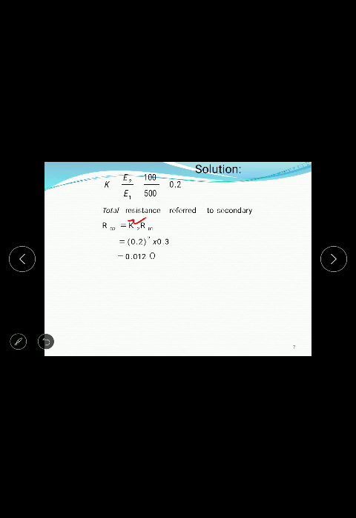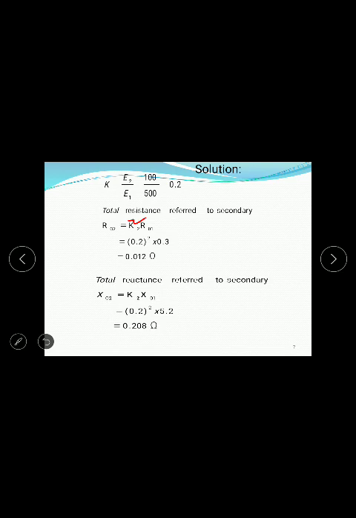K is 0.2, so K square is 0.2 whole square, that means 0.04. So the final value R02 is 0.012 ohms.